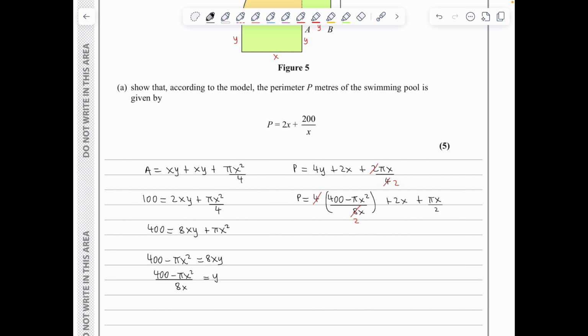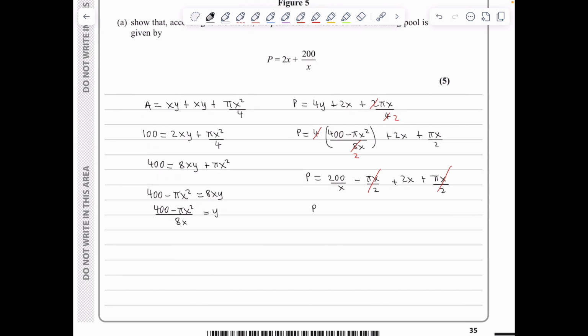So all in all, we're looking at p being equal to 200 over x minus pi x over 2 plus 2x plus pi x over 2. Now the pi x over 2 terms will cancel out, and therefore we conclude that p is equal to 2x plus 200 over x as required.